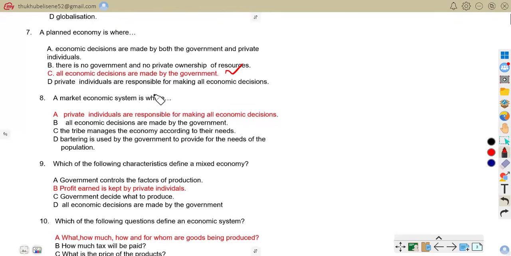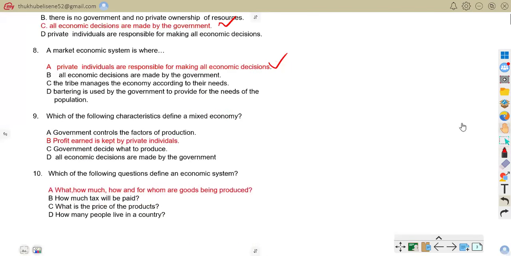The correct answer is A, private individuals are responsible for making all economic decisions. That describes a market economy where individuals and businesses decide what to produce. Now coming to number nine.